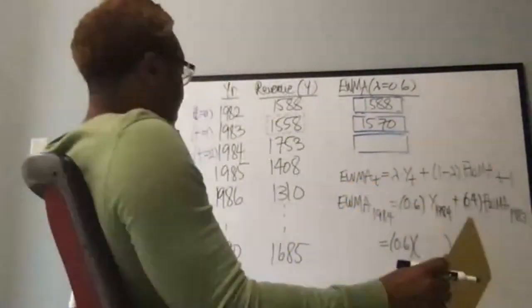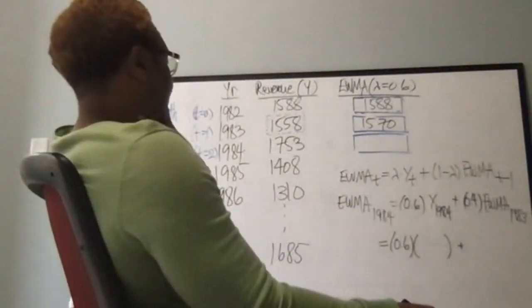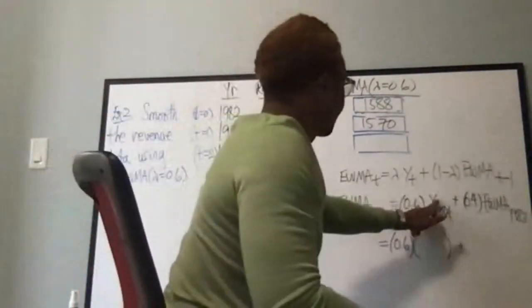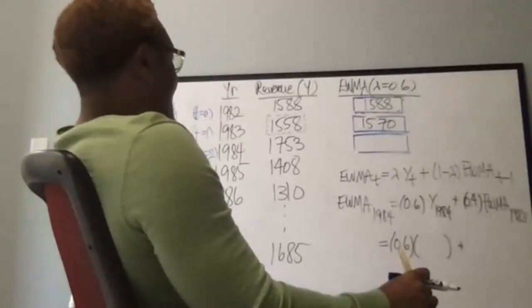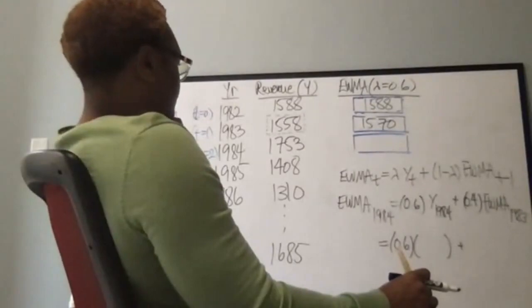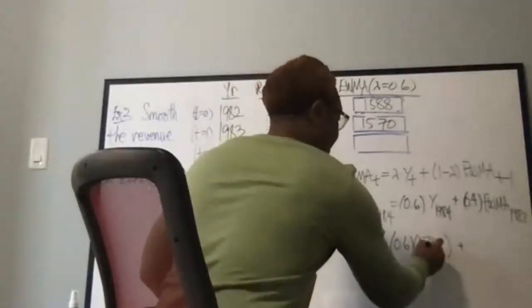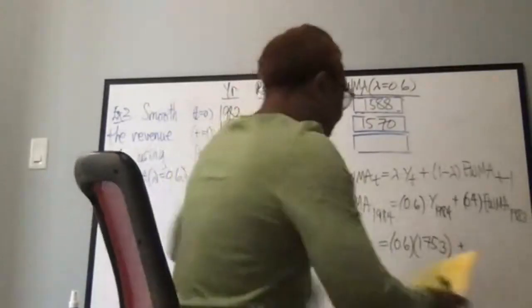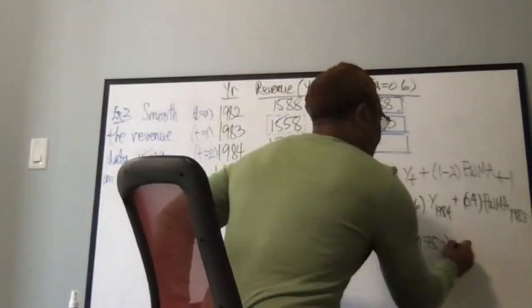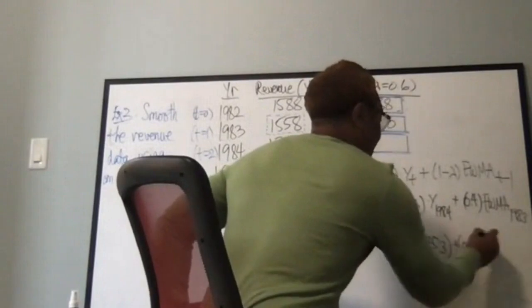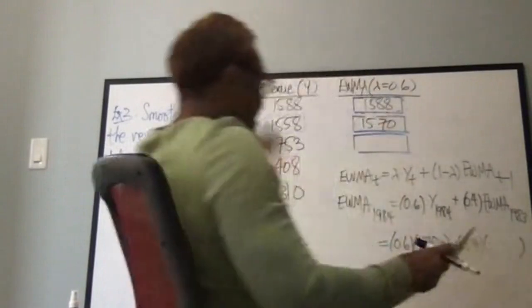According to the chart, 0.6 times what? What is y of 1984? 1753. Okay, plus 0.4 times something.